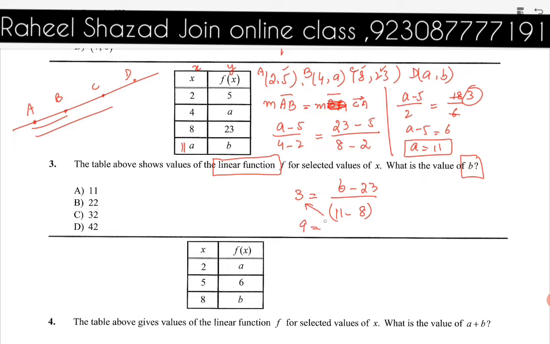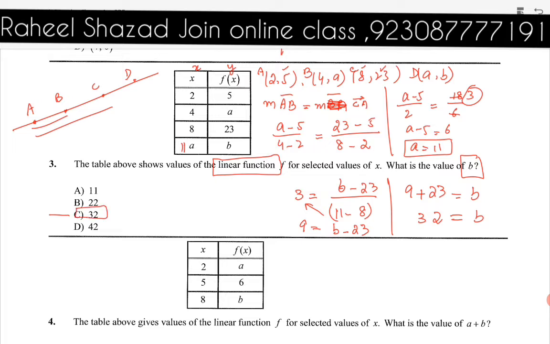So 9 is equal to b minus 23, and 9 plus 23 will become the value of b, so it is 32. So your answer for b is 32. It's C. I hope you got it.